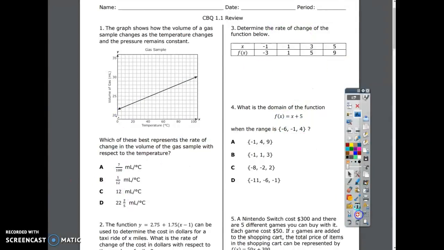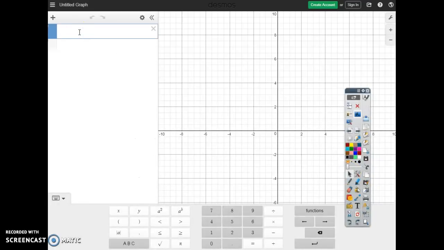So right now, in Desmos, we type the equation right here. F of parentheses x close parentheses equals x plus 5.